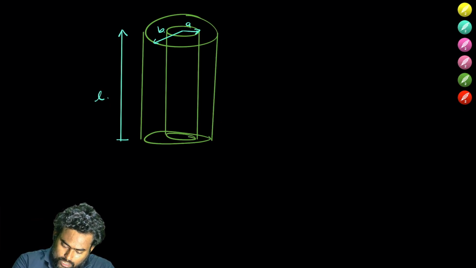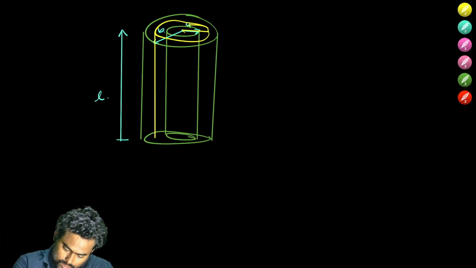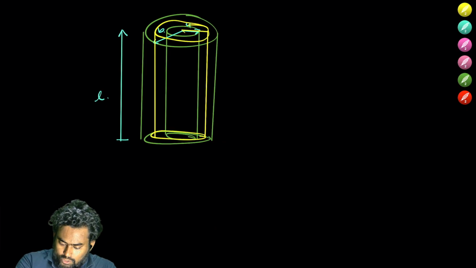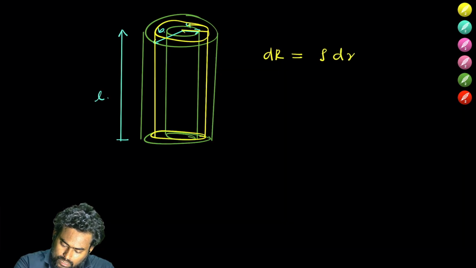Again, you will go to distance x and take a cylindrical element like this. If you define its resistance, it will become rho dx upon area, which will be how much?